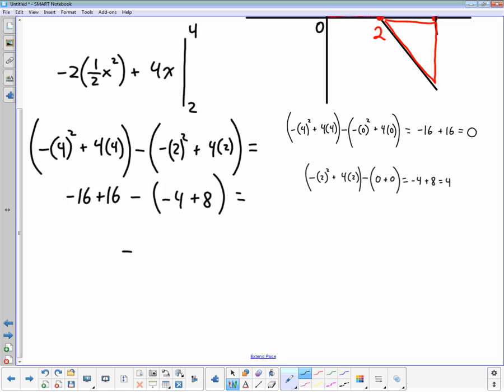We wind up with negative 4. It should be more complete. Okay. So areas above the axis are positive areas. Areas below the axis are negative areas.